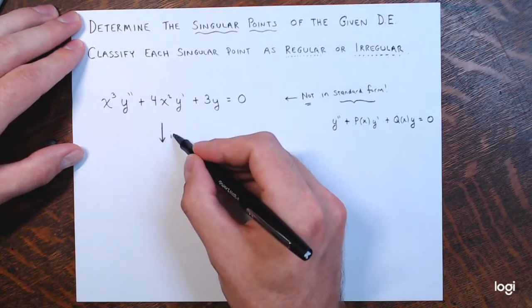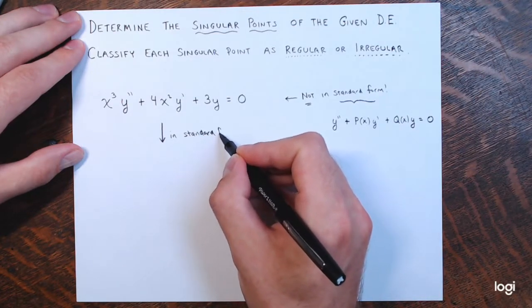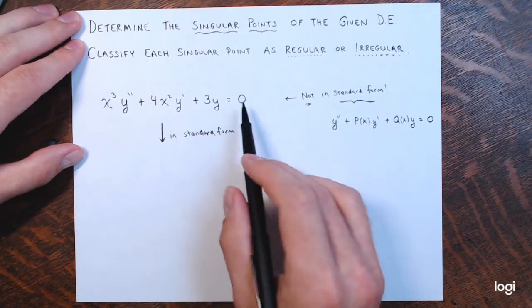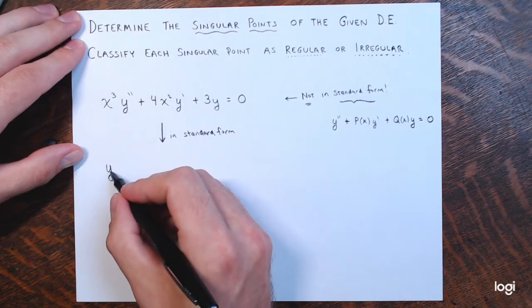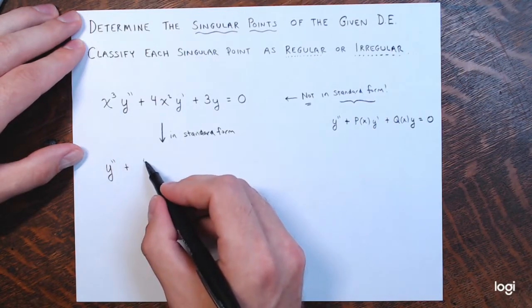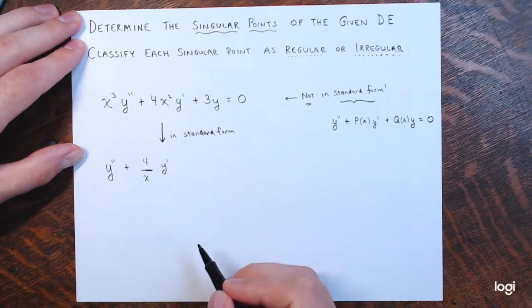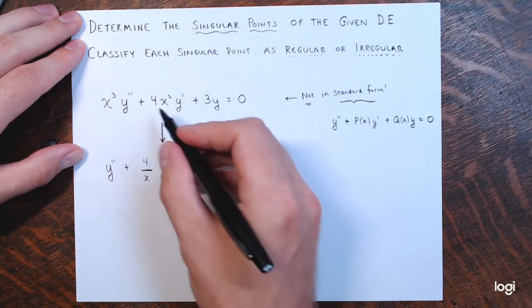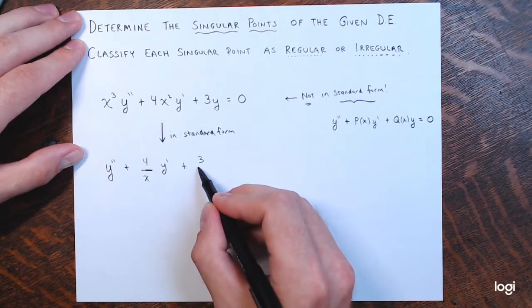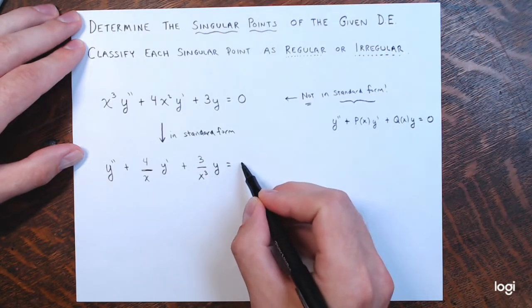So when I put this in standard form, that's just dividing through by x cubed and simplifying. We have y double prime plus 4x squared divided by x cubed, 4 over x, times y prime, plus 3 over x cubed times y equals 0.